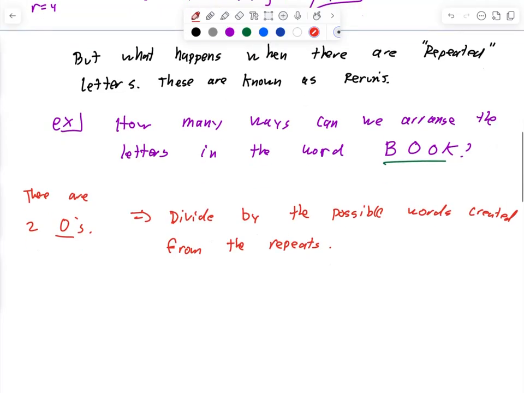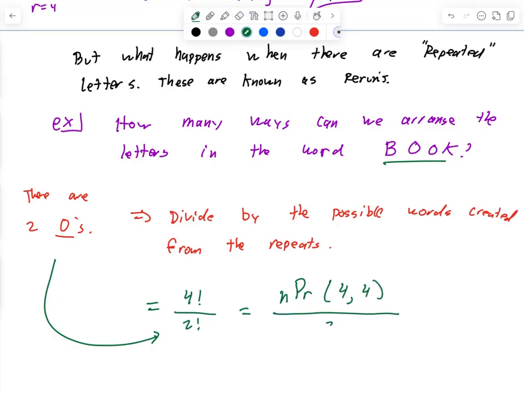So my answer is going to be 4 factorial over 2 factorial. This is the difference right here. When we think about it, it's NPR, I have 4 and I'm using 4, over 2 factorial. That's the easiest way to think about it.